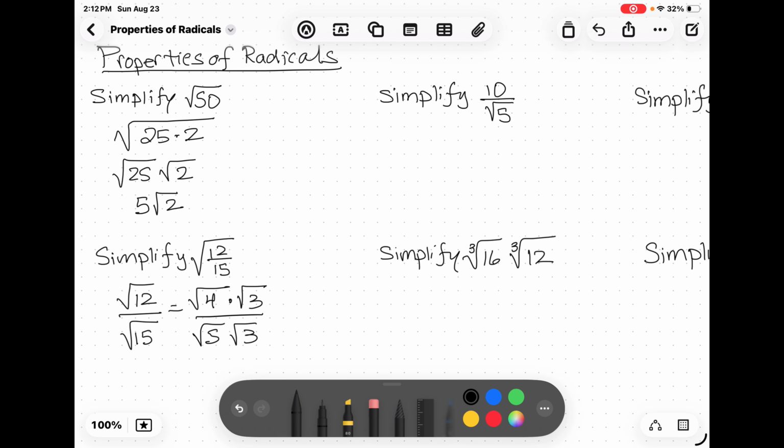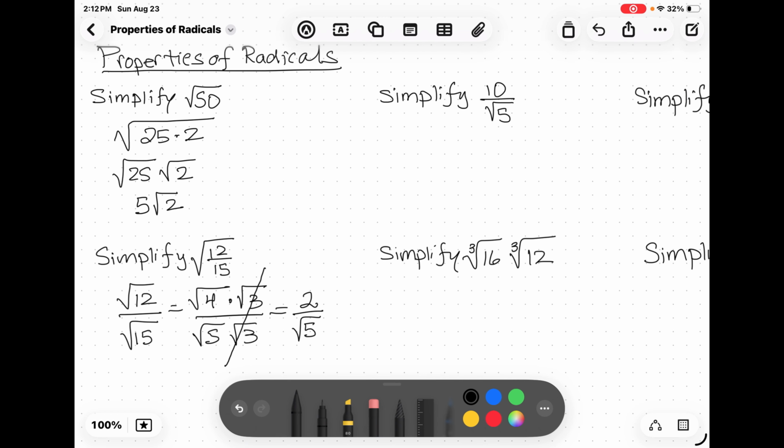I can do that, right? And look what we have there. This is not a property of radicals. That's canceling a common factor. Rad 3 over rad 3. That simplifies things for us. The square root of 4, we know is 2. And then I've got rad 5.